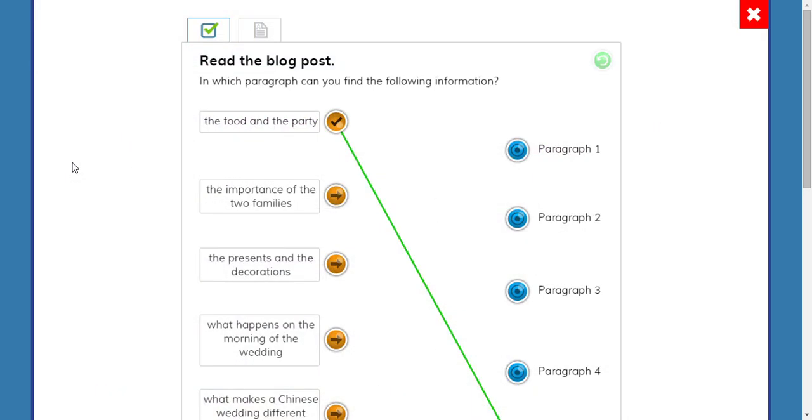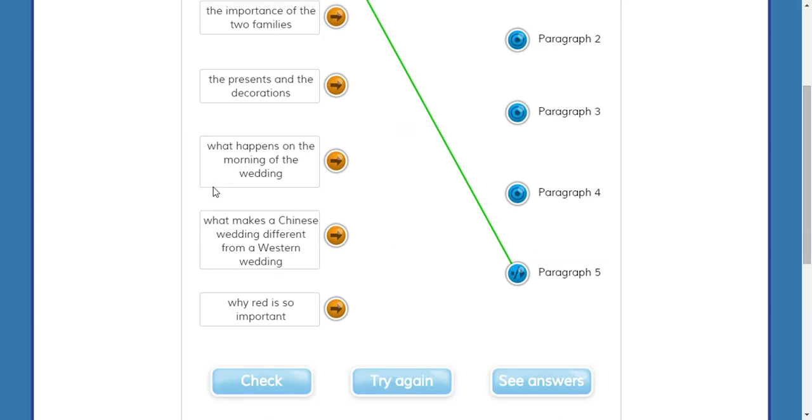Now let's see. Number 1 is already done. Okay, the food and the party on paragraph number 5. Perfect. What about number 2? The presents and the decorations. Paragraph number 1, 2, 3, 4, or 5?